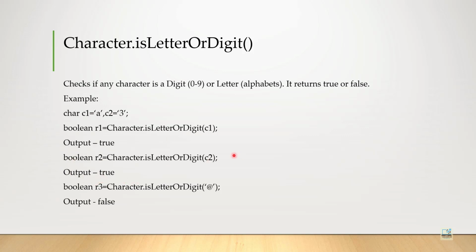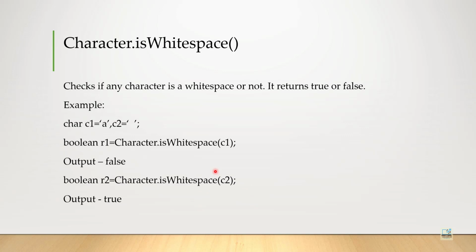In the second example also it is returning true since C2 is containing a number, means a digit. And in the third example, we are passing @ which is a symbol, so the function will return false. Now, know that we can also pass characters directly to the function. It is not required that we pass variables, we can also pass the data directly. So we are passing the character directly in this case.